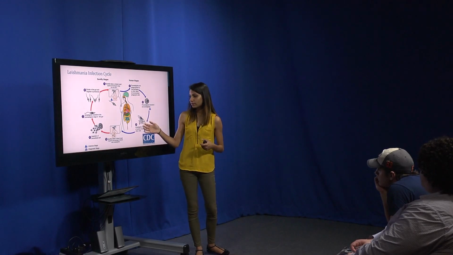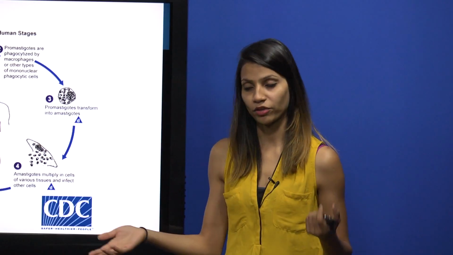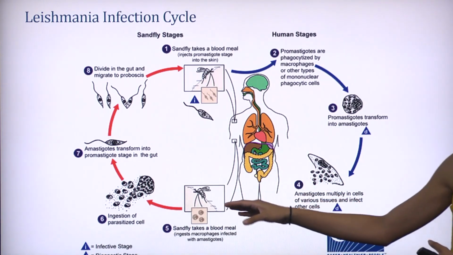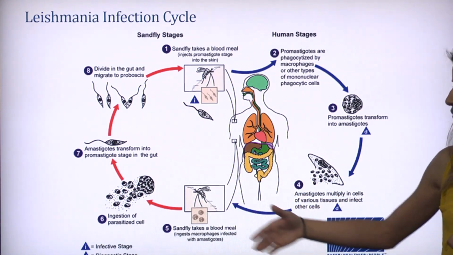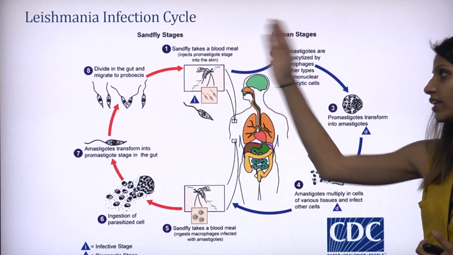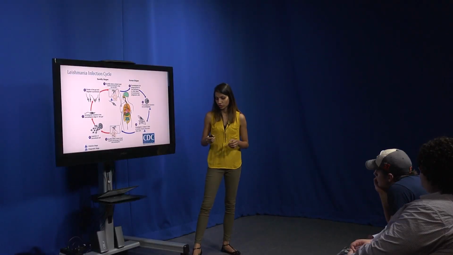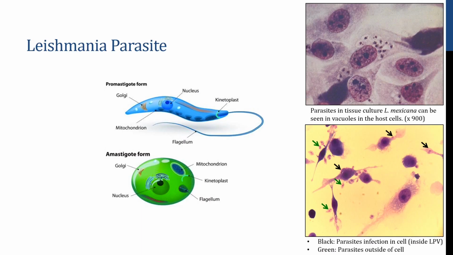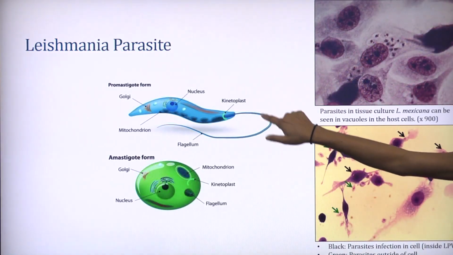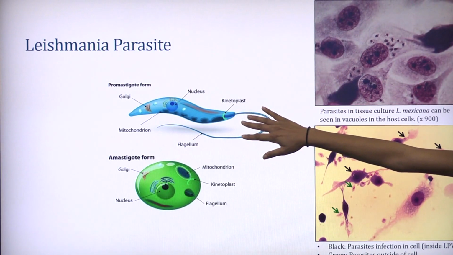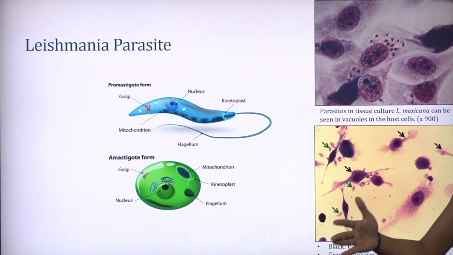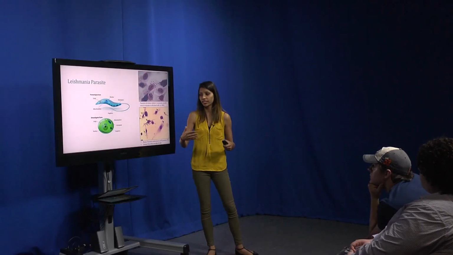Once they multiply, they infect other macrophage cells, or if a sandfly bites an infected individual at this stage, the sandfly starts carrying the infection, and then the amastigotes convert into promastigotes, and the cycle continues like that. So just to give an overview of the Leishmania parasite, the flagellum is highly developed in the promastigote form because it needs to be motile to find the particular cell it needs to divide inside of.